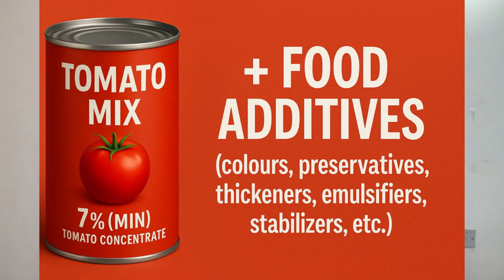However, the tomato itself, that is the tomato concentration out of which they make the tomato mix, is expected to be a minimum of 7. You may now wonder, we are saying 7 of the tomato, but you're now saying the total soluble solid should be a minimum of 20.